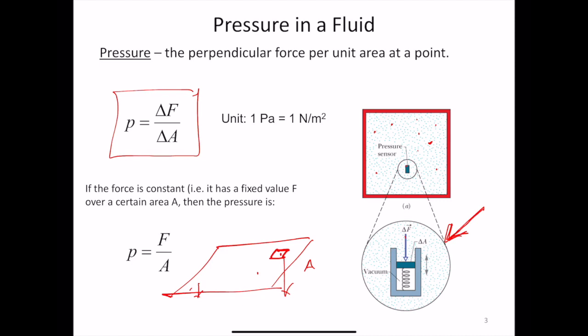If you want to find the pressure exactly at that point, then you would just make the area very, very small surrounding that point and do the same operation. So the pressure at a point is given by this formula. And if the force is uniform over a certain area, then you can just do force divided by that area to get the pressure.